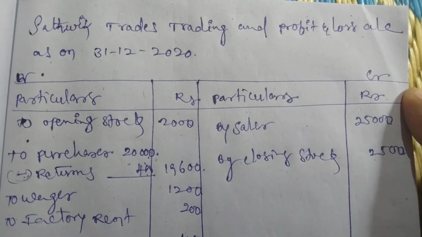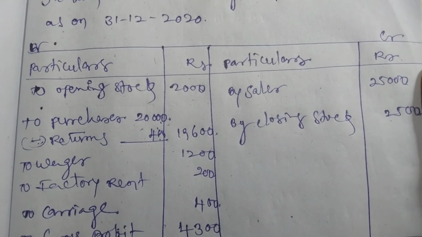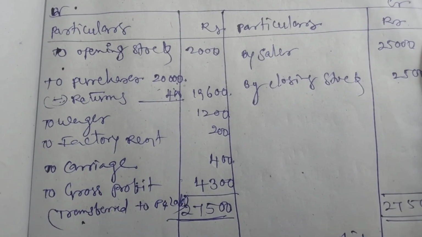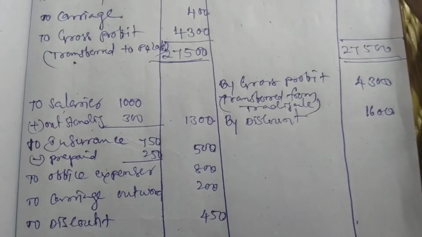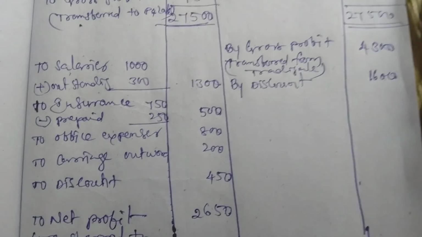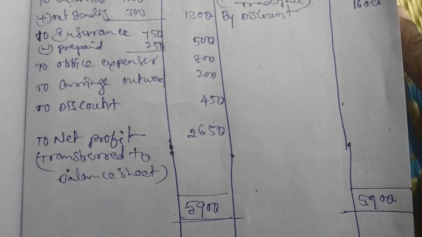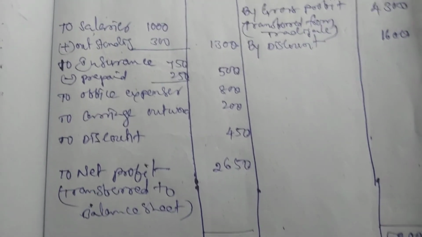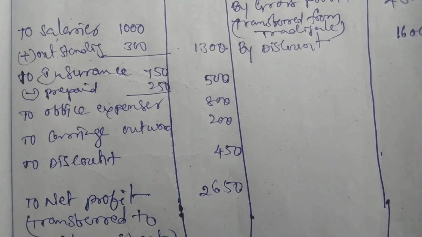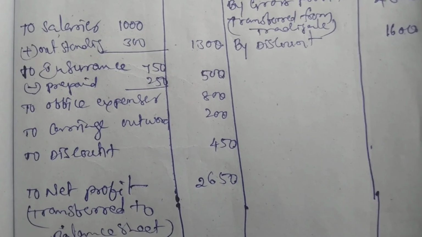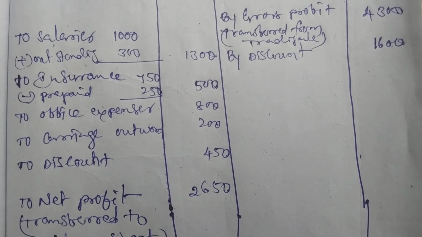All the transactions are recorded, and we totaled and calculated gross profit. Gross profit is transferred to the profit and loss account, and the profit and loss account is tallied for net profit or net loss. Here we calculated net profit. So the net profit goes to the balance sheet. In the balance sheet we add it to the capital.